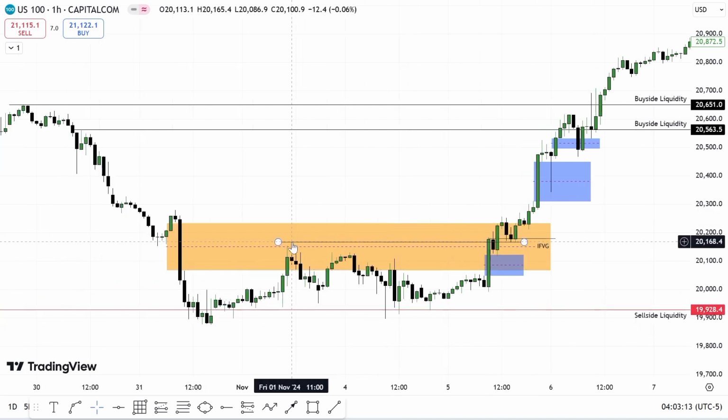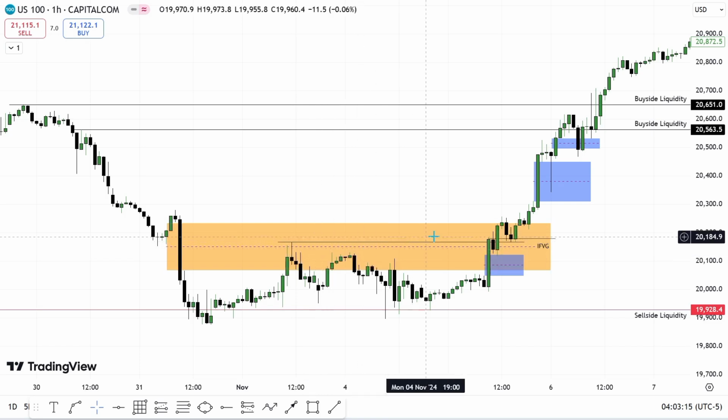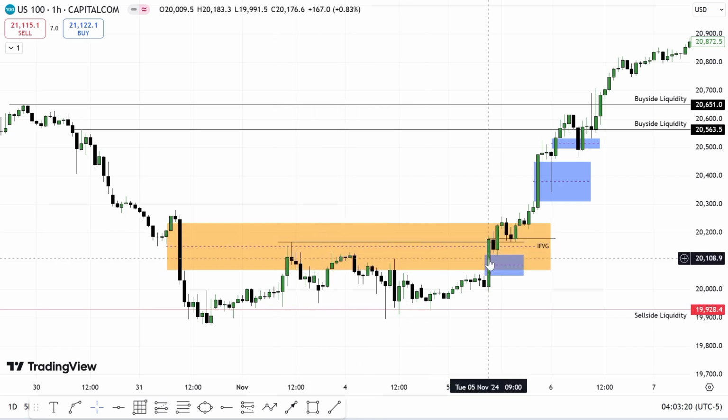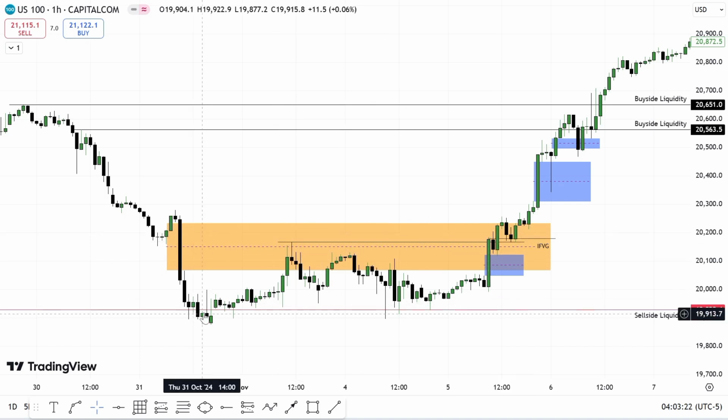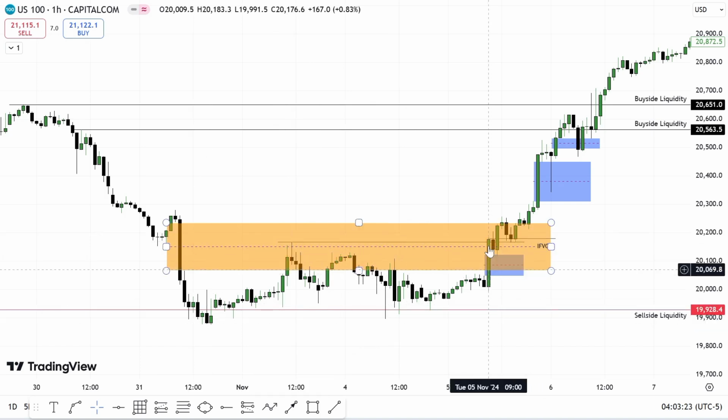And you see how it has taken out this swing high here. Now this is a shift in market structure, and we have a serious displacement to the upside. We had this bullish fair value gap here.